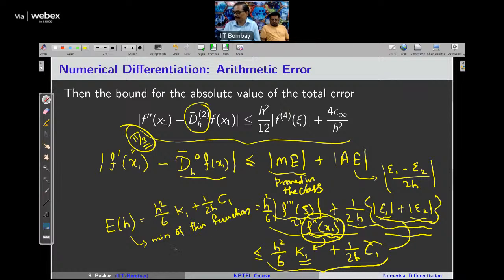That will be your optimal h, which we generally denote by h star. I hope this is now clear. If you have any further questions, you can ask me.